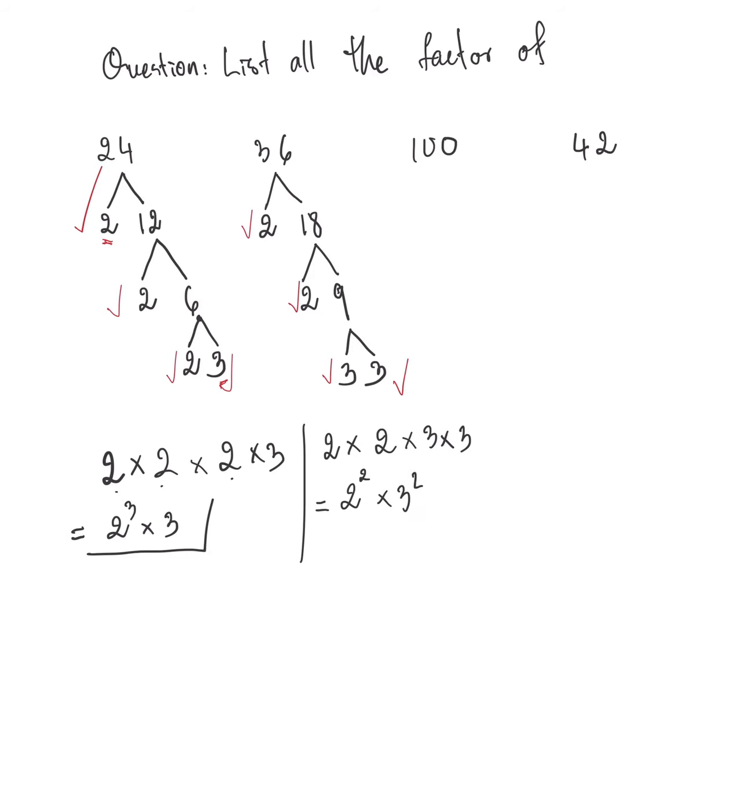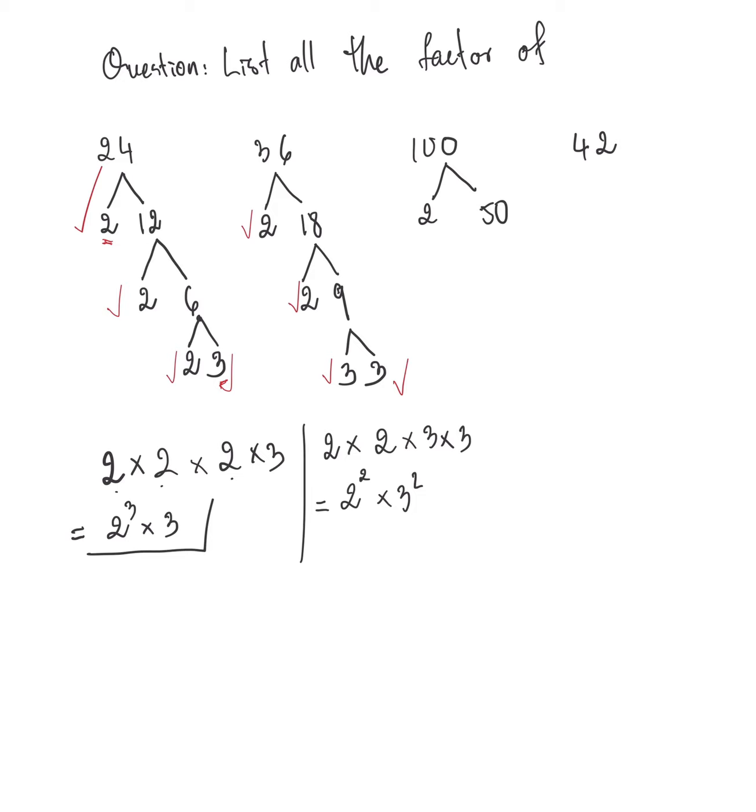And then next, I'm going to do 100. For 100, you have to think about the pair that multiplies to give 100. I'm just going to start with 2 multiplied by 50. 50 is not yet a prime number, so you still move on to the next step.